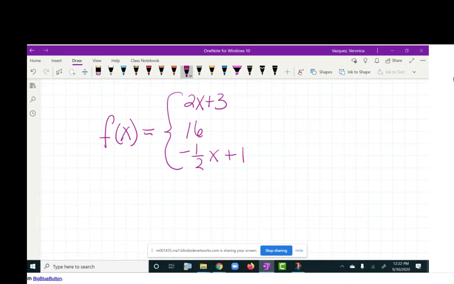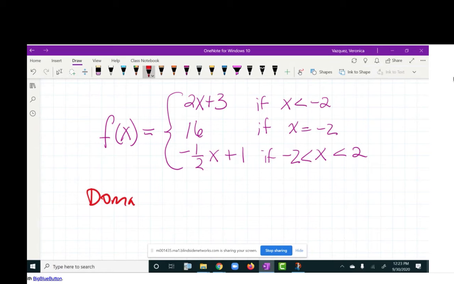It's 2x plus 3 if x is less than negative 2. It's 16 if x is equal to negative 2. And it's negative 1/2 x plus 1 if x is greater than negative 2 but less than positive 2.